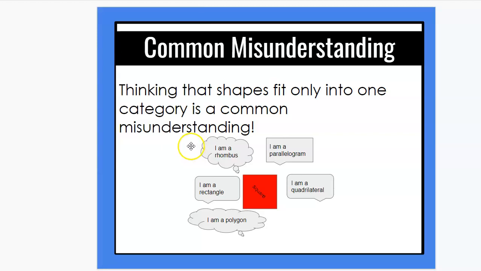And it's also a rhombus. It has two sets of parallel sides, and all four sides are equal in length. And it also belongs to the category of the square. So it can belong to many different categories based on its attributes.